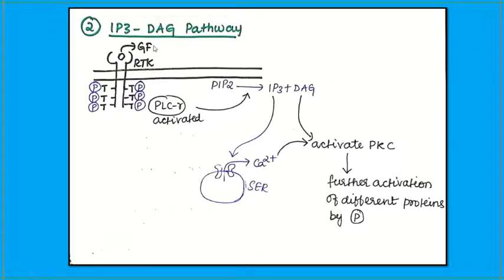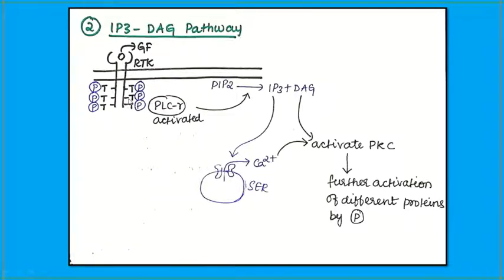The next thing we are going to talk about is the IP3-DAG pathway, which also comes under receptor tyrosine kinase. We already studied the IP3-DAG pathway in the G protein coupled receptor, but it can be activated through receptor tyrosine kinase also. So what happens here? The growth factor will bind to the receptor tyrosine kinase. Then there will be dimerization of the receptor, which will lead to activation of the catalytic domain present in the cytoplasmic region.